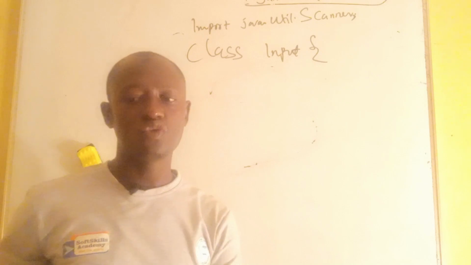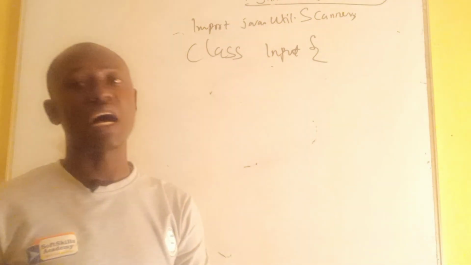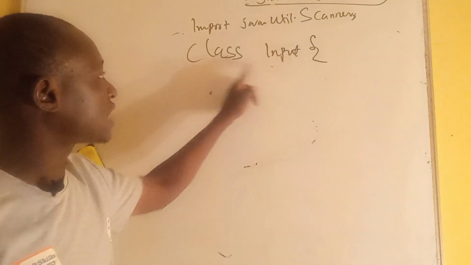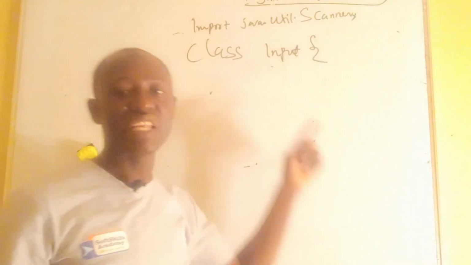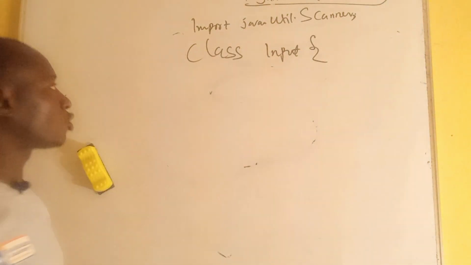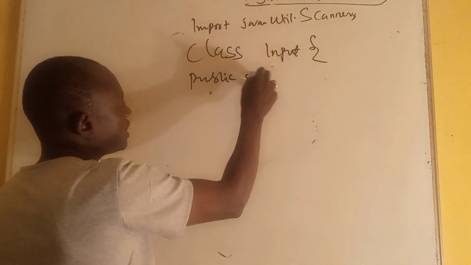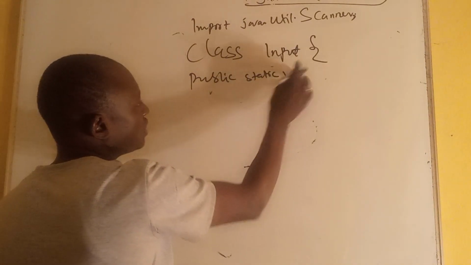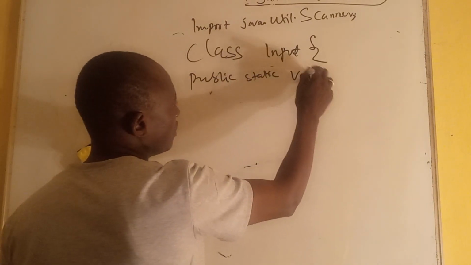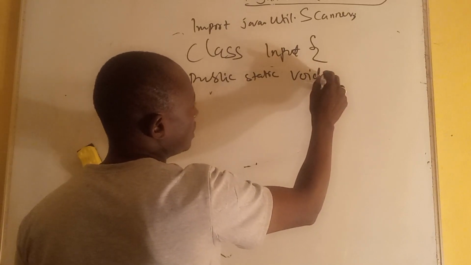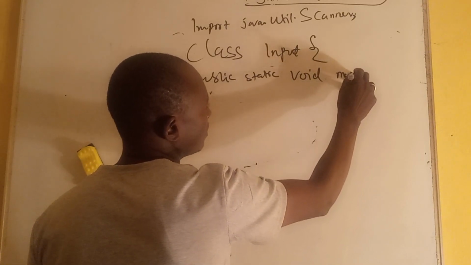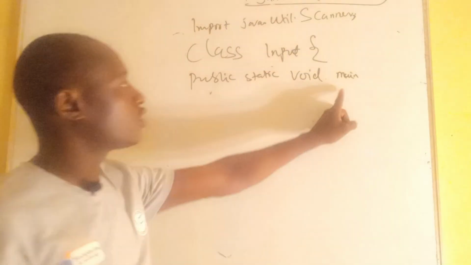So what we are going to do next, after we have started our program, is declare our main method using public static void main.